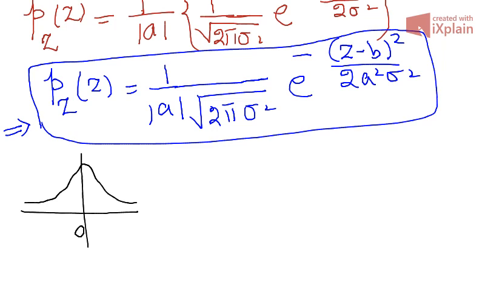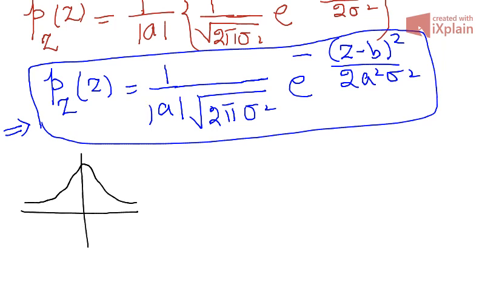Now you can see this PDF. Suppose A is 1. Let me keep it simple. So if A is 1, this term will be 1, and here also this term will also be 1, right? So when A is 1, you can replace a square. So let me erase those terms.